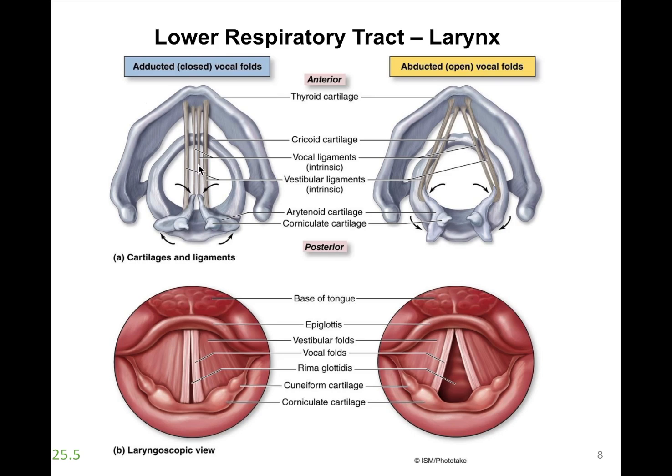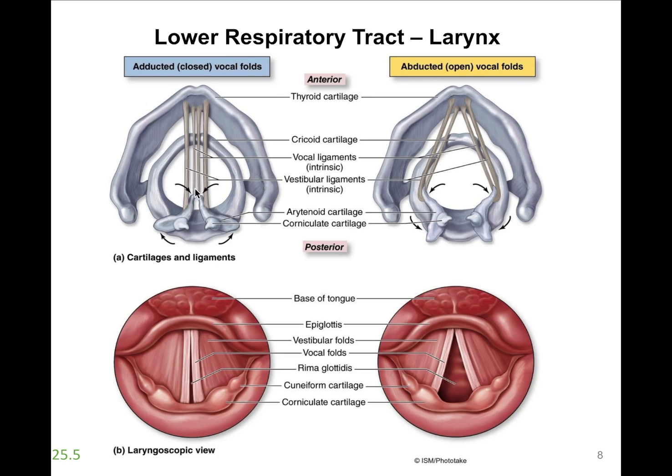And you'll see that there are actually ligaments that span from the inside of the laryngeal prominence to the arytenoid cartilages specifically. And the arytenoid cartilages form a joint here with the cricoid cartilage, and they are able to move back and forth. There are muscles attached back here too that we use to speak.